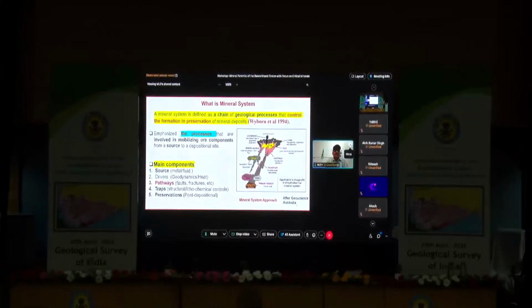These are all things in the mineral system, which contains five ingredients: source, both metal and fluids. Many places we get fluids, but we don't get metal. Drivers: the geodynamic tectonic setting is one of the important ones, whether subduction triggers or collisional settings trigger the generation of fluid as well as metal or heat.